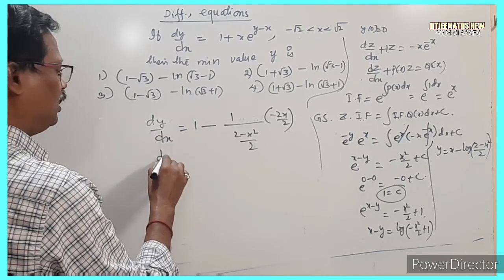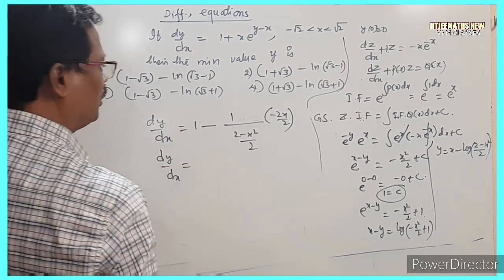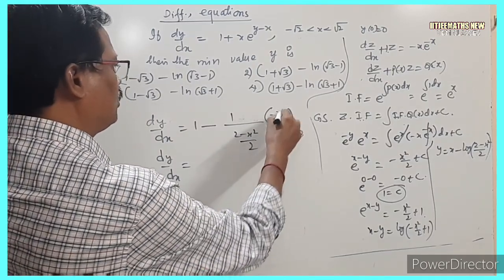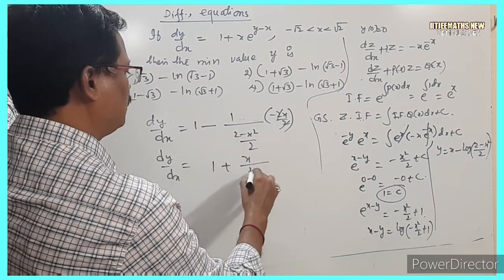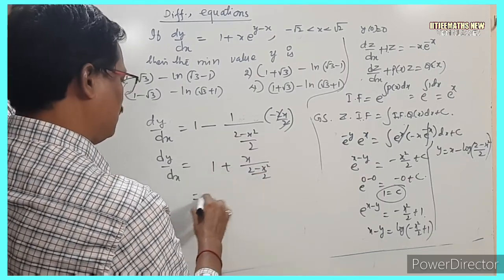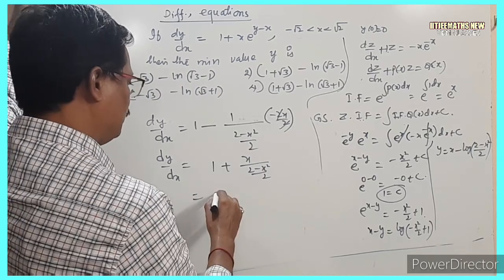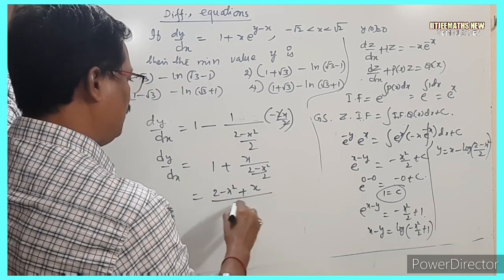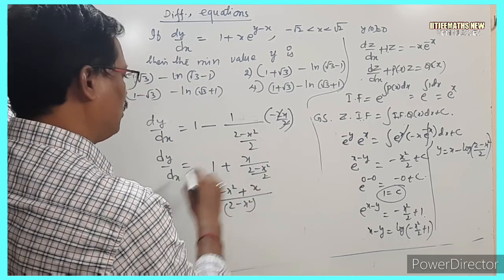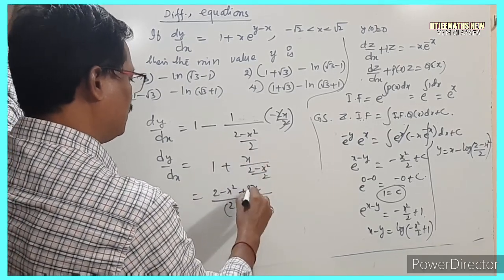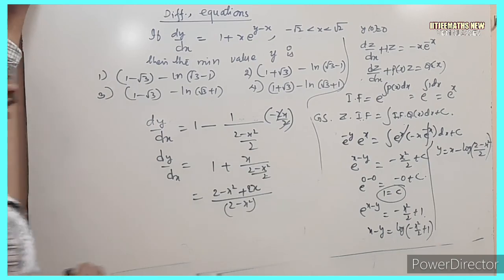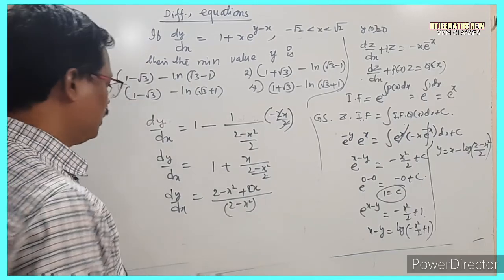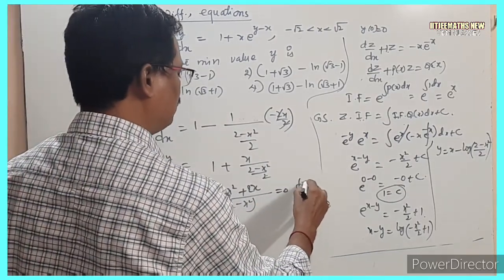We got dy by dx like this: 1 plus x by (2 minus x square) by 2, which is (2 minus x square plus 2x) by (2 minus x square), where 2 is in the numerator. Now for maximum or minimum, this first derivative must be 0.